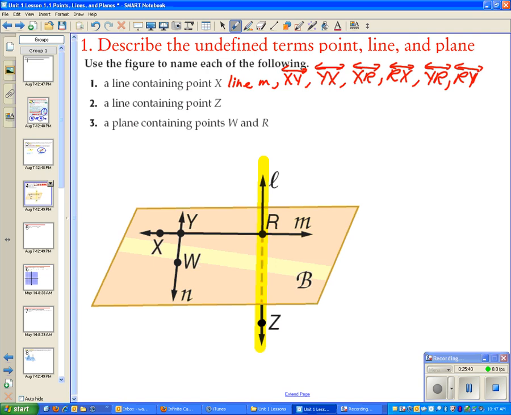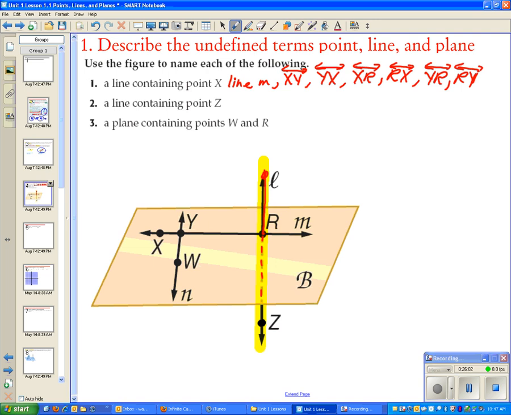Line L starts up here, goes through the plane, and comes out the bottom. So it starts up here, it meets the plane right there at point R, and then the little dotted line is trying to show you that the line's still there, you just can't see it anymore. You can't see it because it's underneath that plane. See what I'm saying?